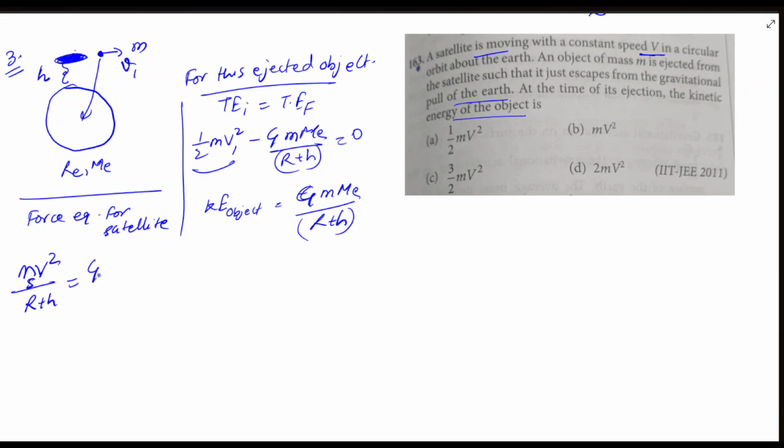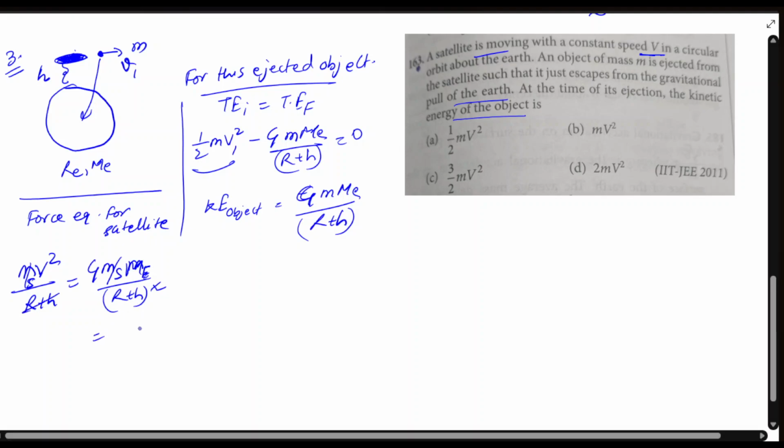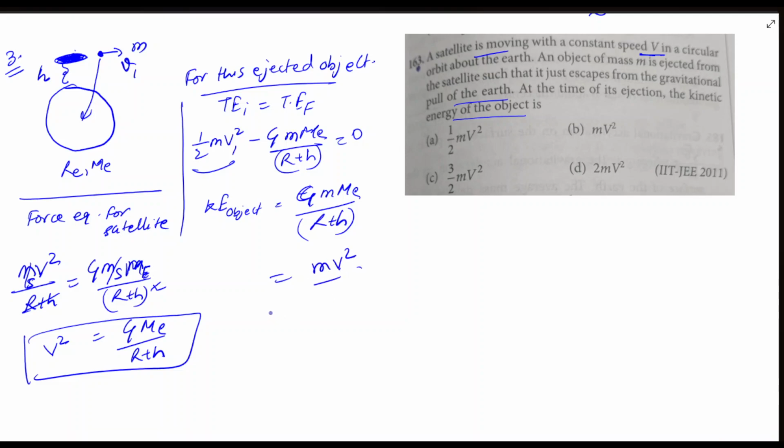So it will be G, mass of satellite, mass of earth, upon R plus h to the whole square. So m_s will get cancelled, and one R plus h will also get cancelled. We have GM_e upon R plus h, which is equal to v square. Let's just put it here. So we have simply mv square, right? So this is again quite an easy question. So option B is the correct one, right?